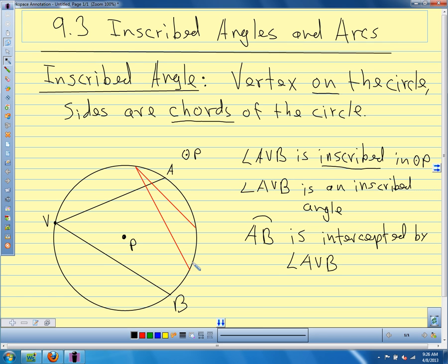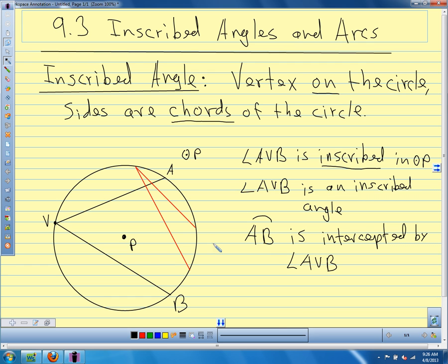And what we're interested in today is how does the measure of the arc compare to the measure of the inscribed angle. You know that if we have a central angle, the measure of the arc and the measure of the angle are the same. We want to figure out how the measure of the arc and the measure of the angle are related when we have an inscribed angle. So to do that, we're going to look at an activity.